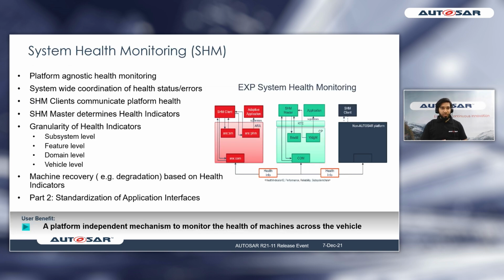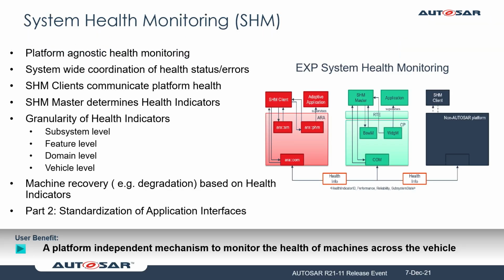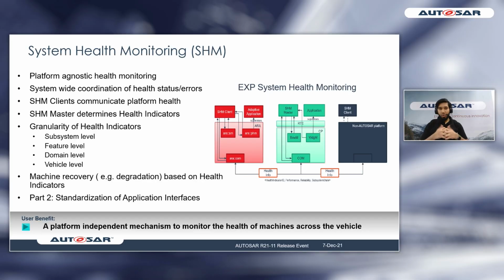Starting off with system health monitoring, it makes sense to start with the picture on the right-hand side, to give an idea of the whole idea with respect to this concept. We see three platforms: one is an adaptive AutoSAR, one is the classic AutoSAR, and one is a non-AutoSAR platform.